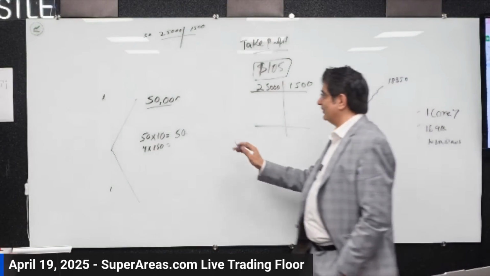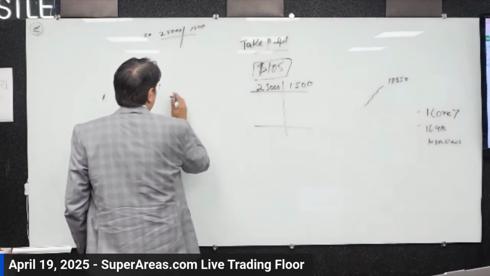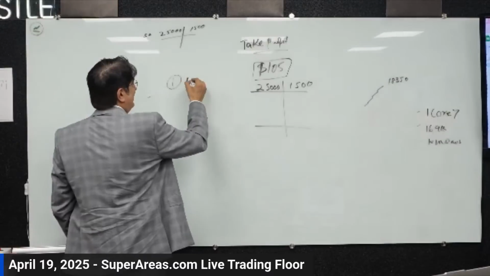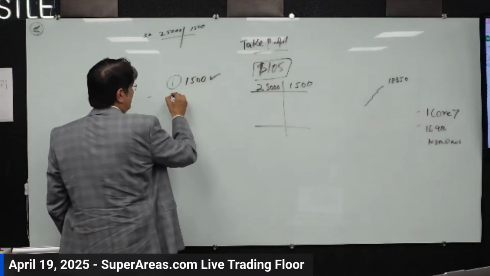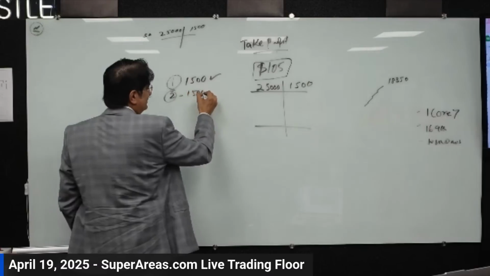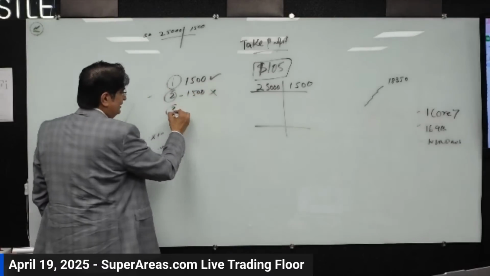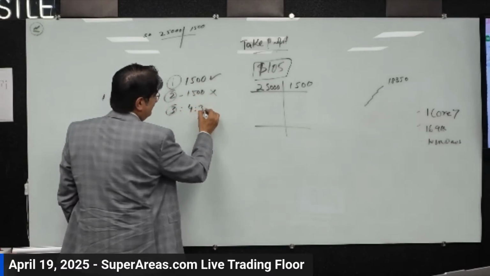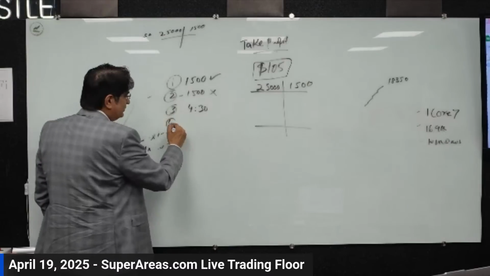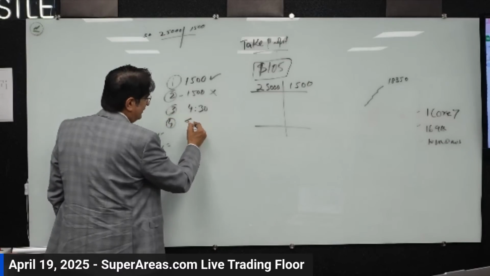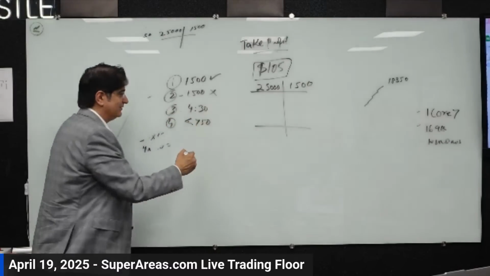So what are the conditions, please? Number 1, make $1,500. Number 2, don't lose $1,500. Number 3, close your trade at 4:30 every day. Number 4, keep it less than 750 in a day.